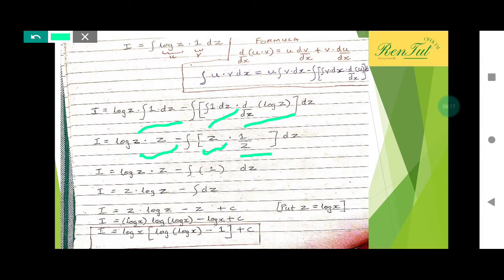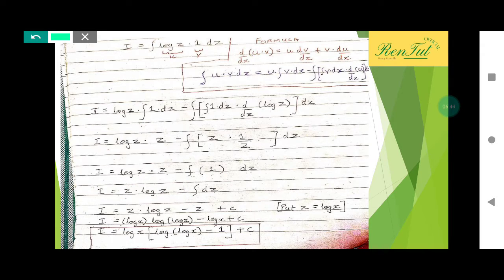So this z and z will get cancelled, and you will get 1 as the answer. You have got the answer 1, and this minus sign would be there, and this log z into z. So this would be the integration of dz, minus log z.